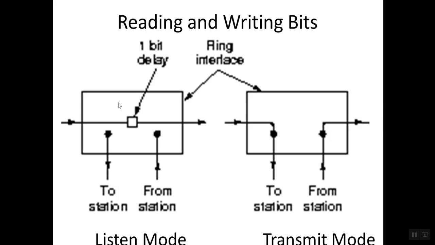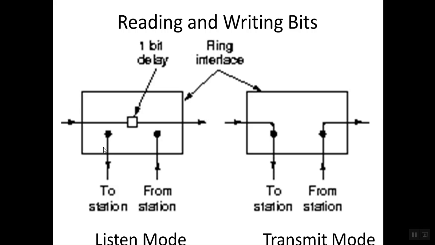In listen mode, data coming to the ring interface will be copied into the ring, and that data will not be moved to the station. The ring interface will simply transfer the incoming data to the ring.